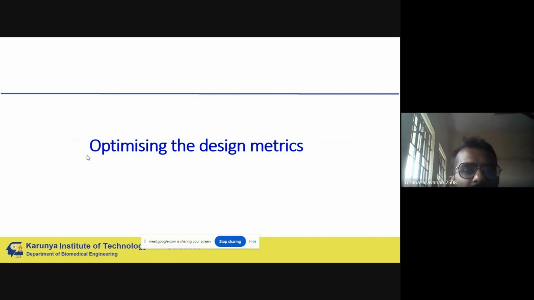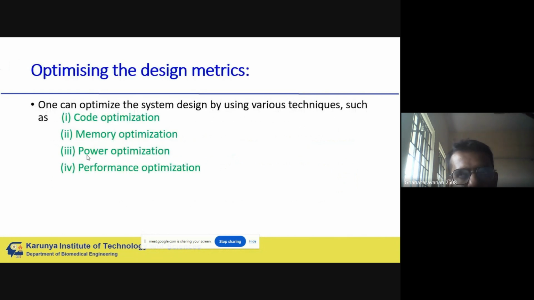Then we saw optimizing the design metrics. There are four types of optimization techniques. One is code optimization. The second is memory optimization. The third is power optimization. And finally, performance optimization. One has to understand that optimizing one of these parameters might conflict with the others.